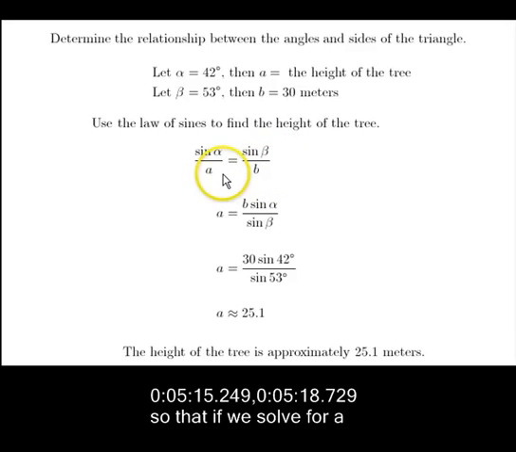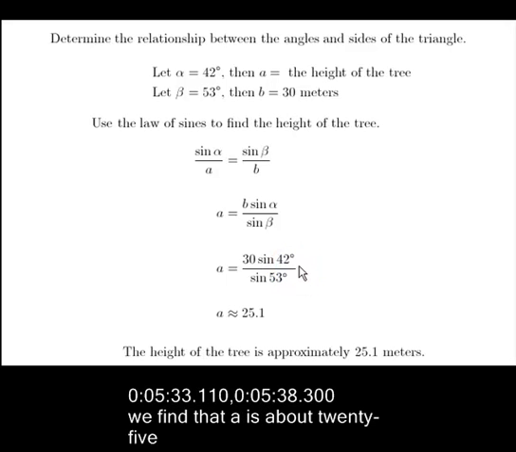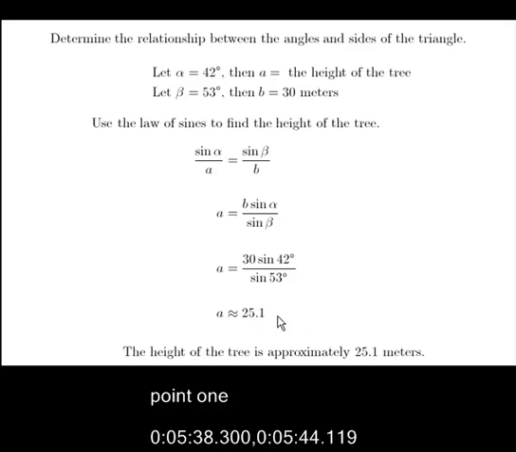So then if we solve for a, we have that a equals b times sine alpha divided by sine beta. And substituting the values we have for b, alpha, and beta, we find that a is about 25.1.